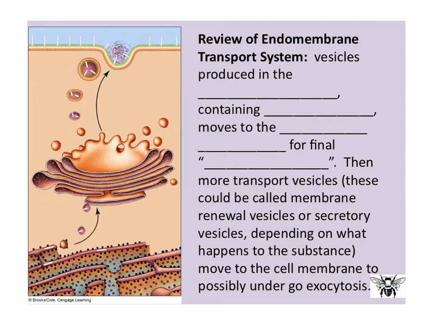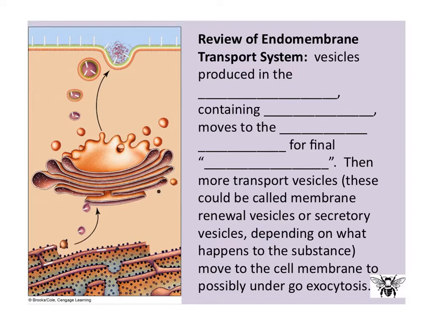And to see this one more time, again, we have the movement here. Vesicles are produced in this case. It looks like these vesicles are coming out of rough endoplasmic reticulum, containing ribosomes, and move to the Golgi body for final packaging.